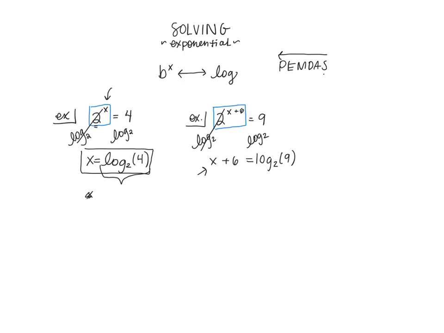I see I have addition, so I want to undo that addition with subtraction. So now I'm going to end up with x is equal to log base 2 of 9. I see that 9's in my argument, so I cannot subtract my 6 from my 9. So we're going to have log base 2 of 9 minus 6. And when I type that in my calculator, I will get my final answer.